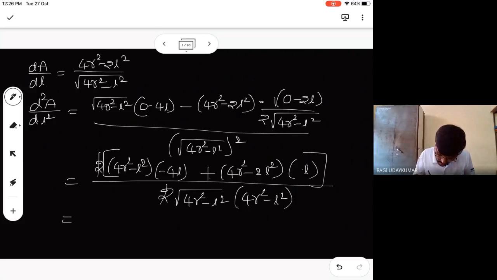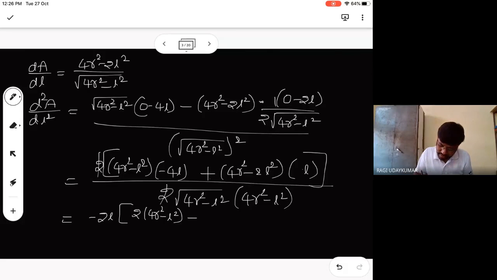I take 2L common, and as I am taking minus common here, the sign inside will change.